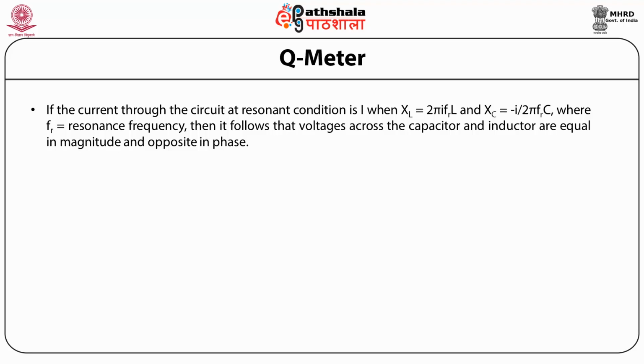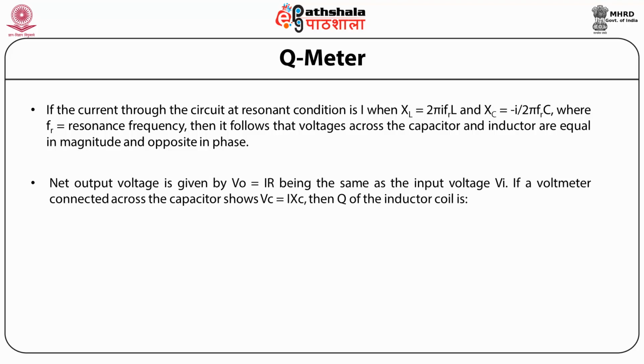where FR is the resonance frequency, then it follows that voltages across the capacitor and inductor are equal in magnitude and opposite in phase. Net output voltage is given by Vo is equal to IR, being the same as the input voltage Vi.